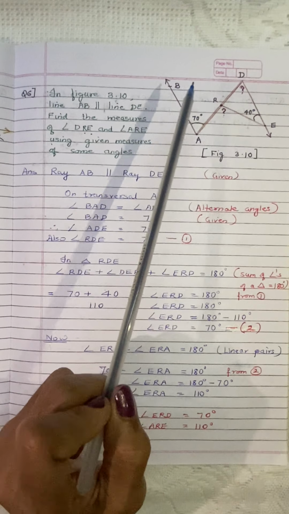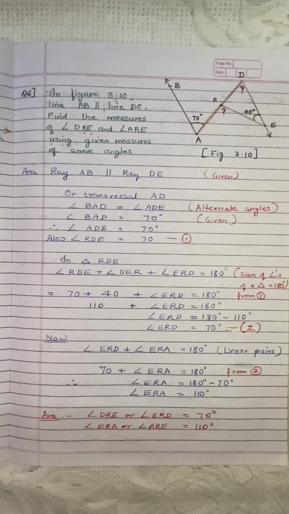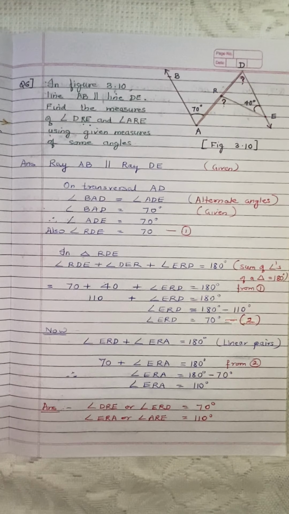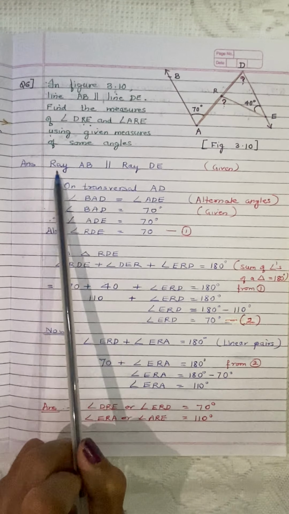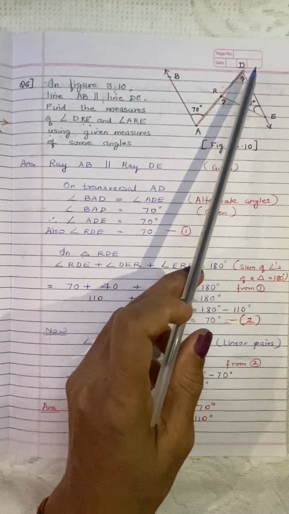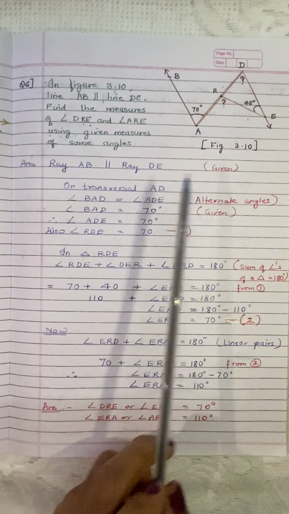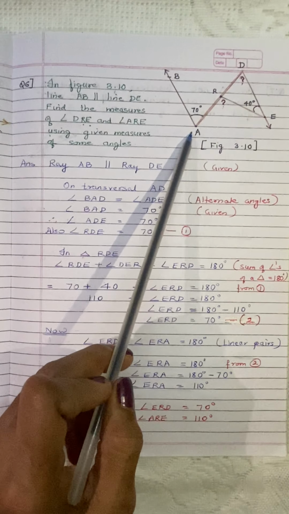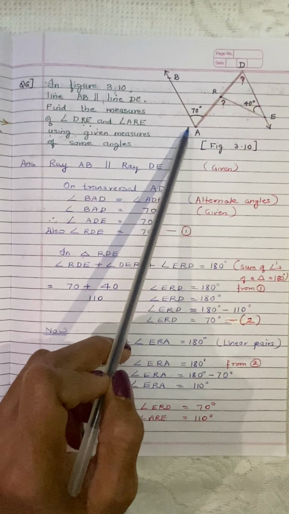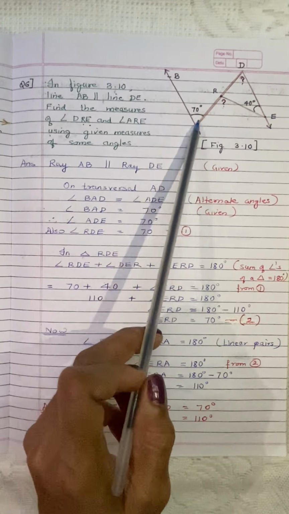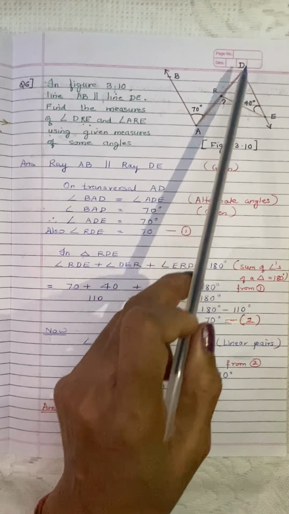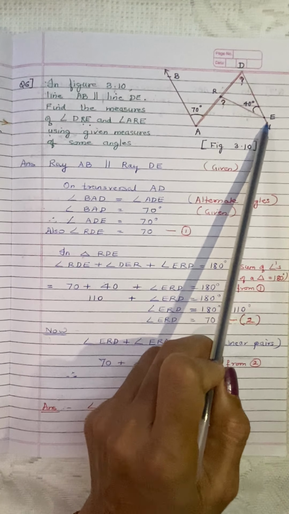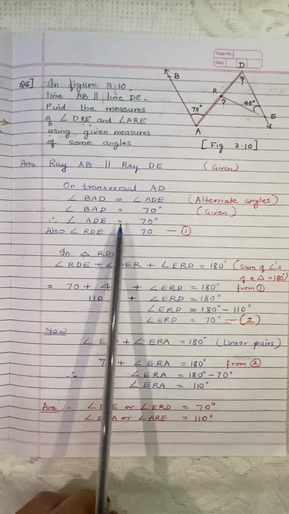Now let's understand this first. Ray AB is parallel to DE, that is what they have given us. So if you consider this transversal AD, and these are the two parallel lines, then I can say angle BAD and angle ADE are alternate angles.